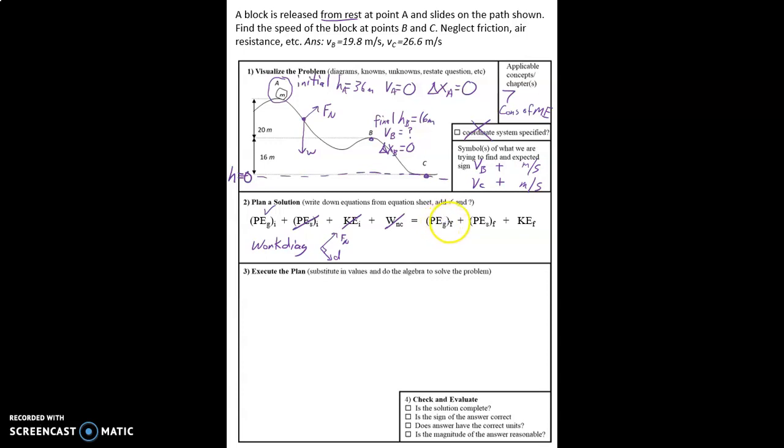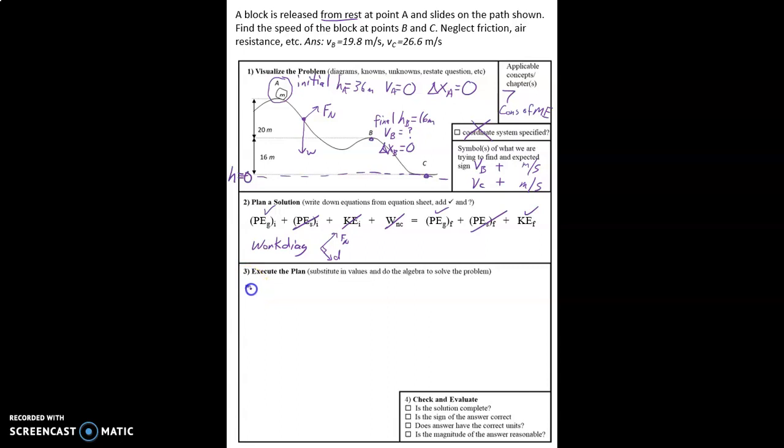Gravitational potential energy at the final state, which is point B, is going to be in there. No springs at all. And we are trying to find out how much kinetic energy it has at the end. Well, really the speed, but that's related to the kinetic energy. So now we can write this in.